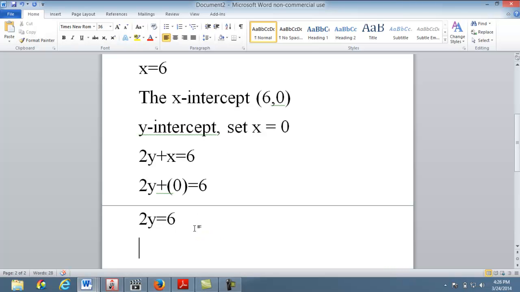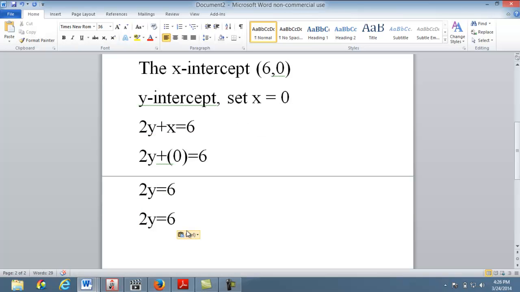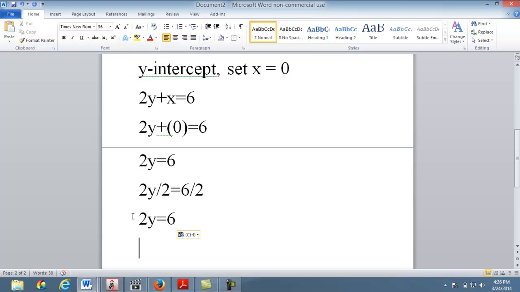To solve for y, I would divide both sides by 2, because that's the number in front of the y. So divide both sides by 2. As a result, y is going to equal 3.